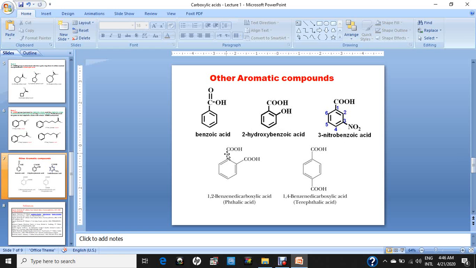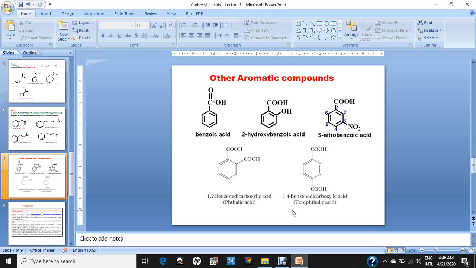Here we have 1,2 positions: 1,2-benzenedicarboxylic acid, the E will be there. And 1,4-benzenedicarboxylic acid. These are also called phthalic acid and terephthalic acid.